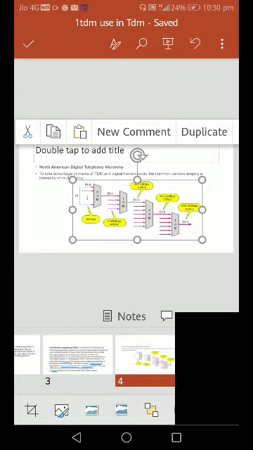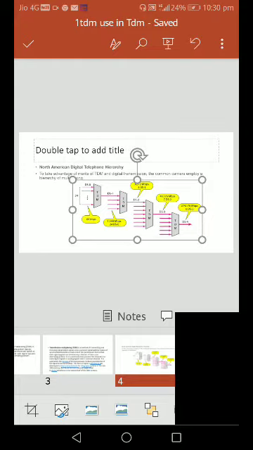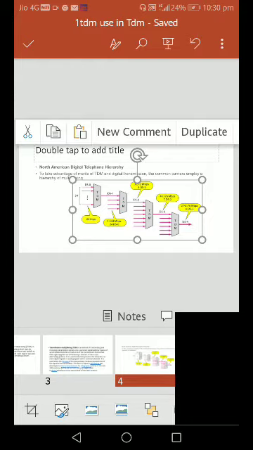Each output of the first mux is multiplexed with the second level of TDM. The voice signals become 24 into 4, so the number of voice channels is increased, and that is the output of DS2.